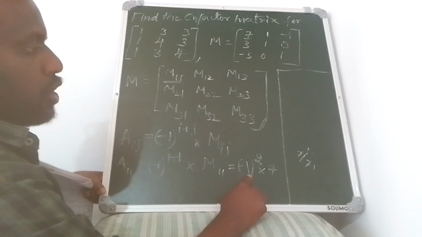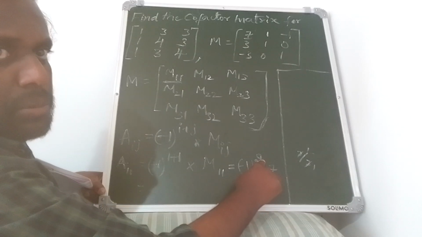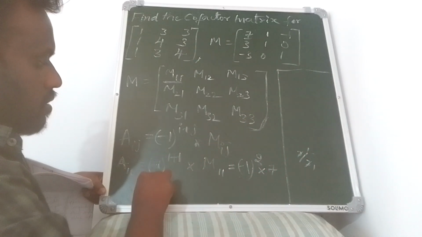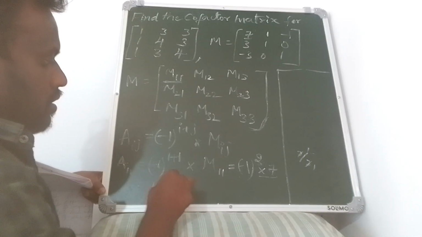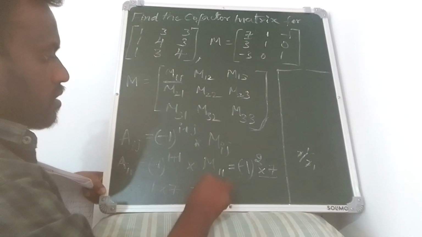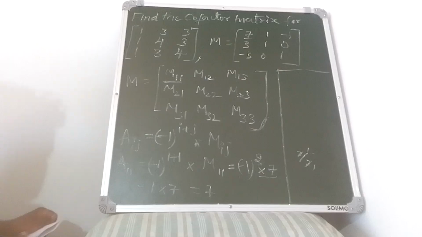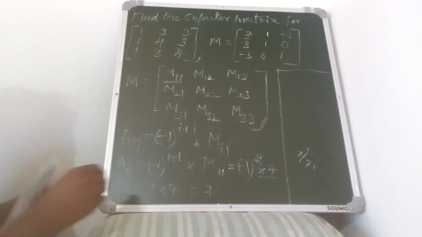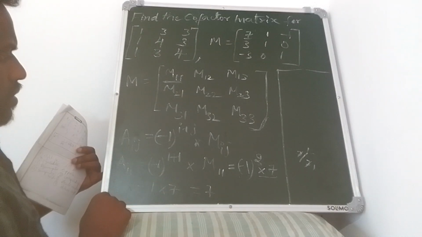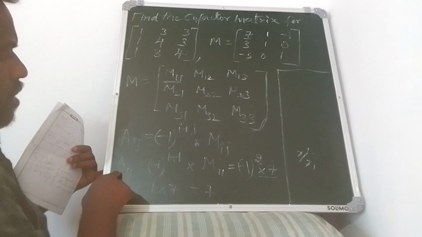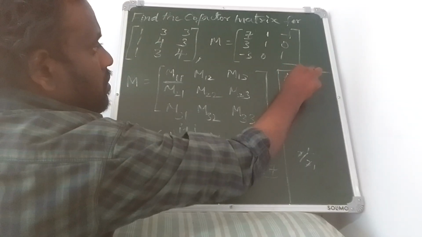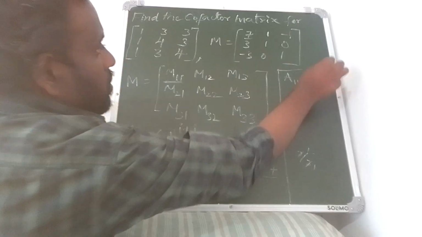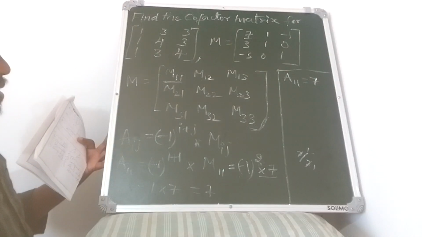See, minus 1 to the power of any even number is always 1. Next, into 7. So 1 into 7 is equal to 7. So we got A11 is equal to 7. I am writing here 7.